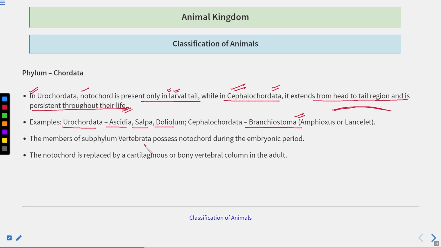The members of the subphylum Vertebrata possess the notochord during the embryonic period. Vertebrata is very unique, very advanced. The notochord is replaced by the cartilaginous or bony vertebral column in the adult. It is not found in the adult stages.